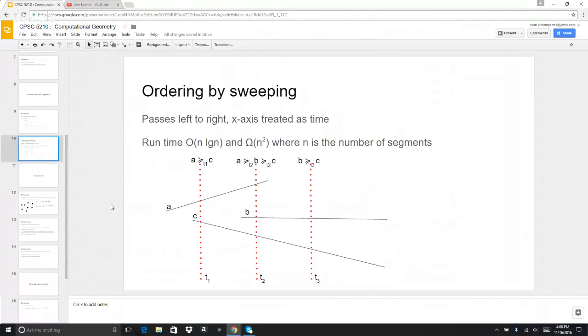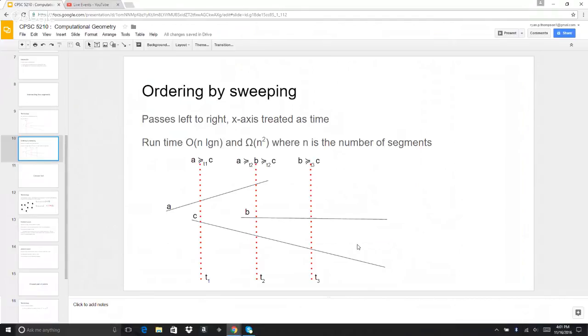And here's a little bit further example. When you order by sweeping, you pass from left to right. The book has some pseudocode on page 1025, but that pseudocode is very general to give ideas about insertions and other points.